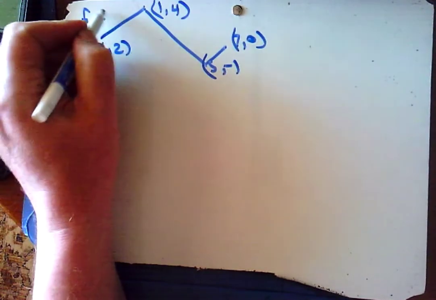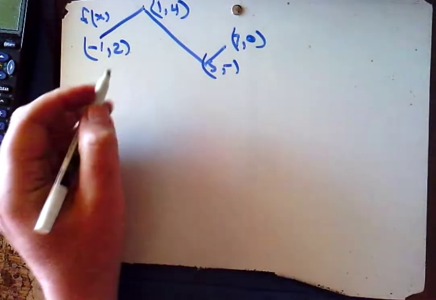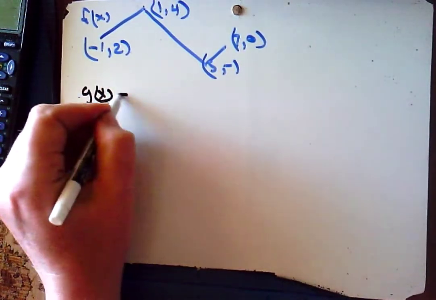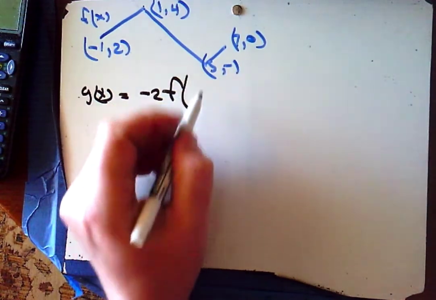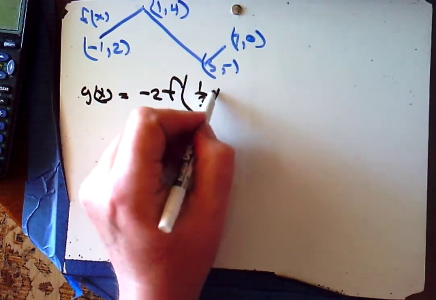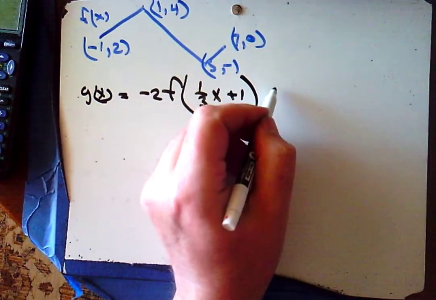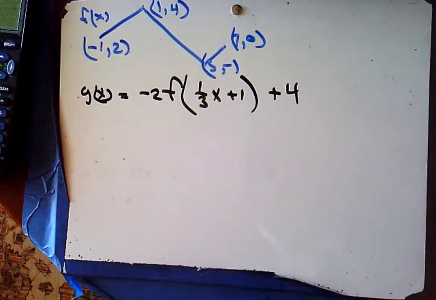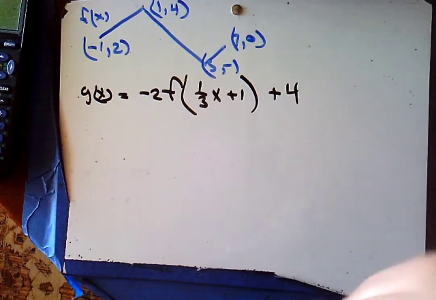This is our graph of f(x), and I'm asking you to consider graphing g(x) equals -2f(1/3(x + 1)) + 4. Okay. Give it a try. See how it goes. Remember, this is (5, -1) over here.